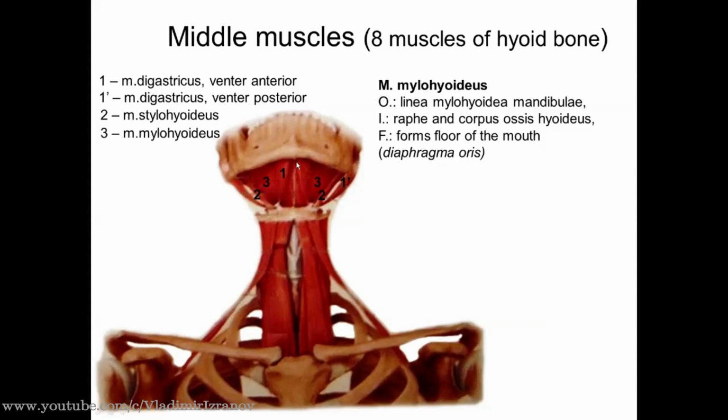And in the middle, these two muscles join with each other by means of a small tendon. This raphe is a kind of tendon between the two mylohyoid muscles.